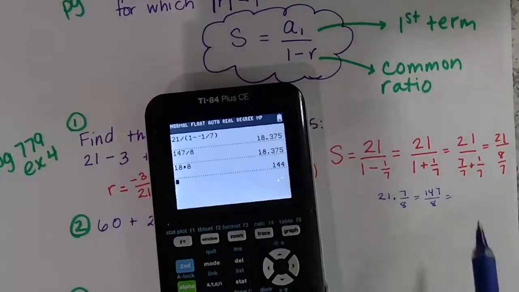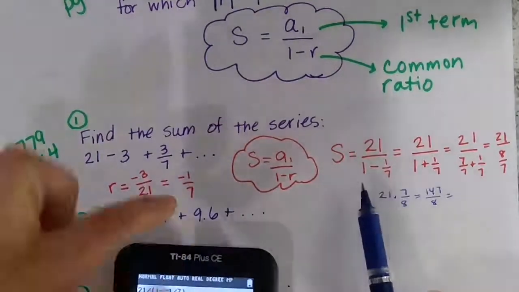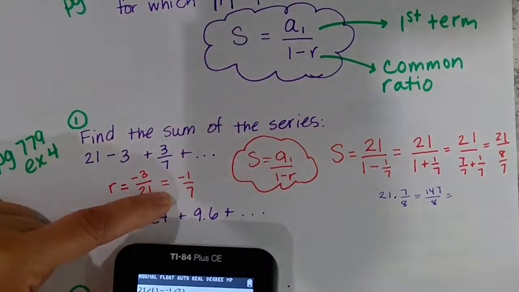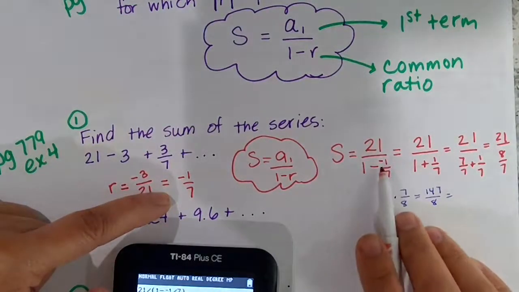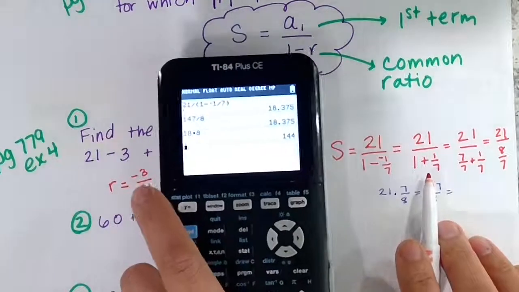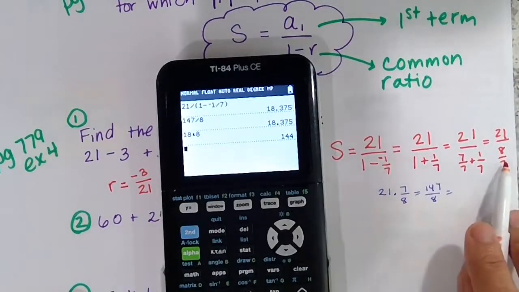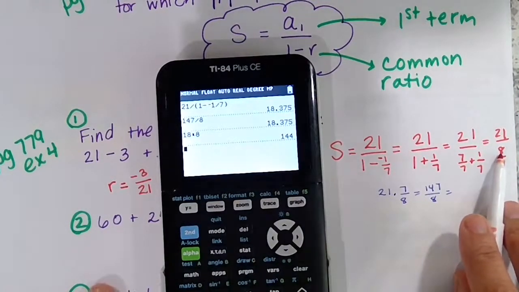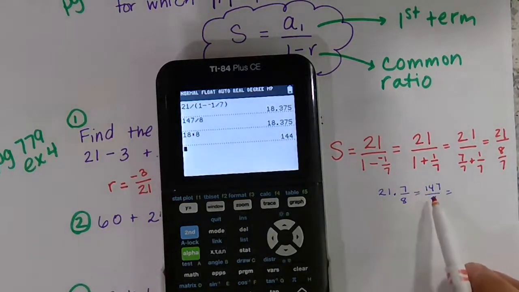So I got my calculator, did my math. Careful. This was 21, 1 minus. Remember that this was negative 1/7. So this is minus an already negative 1/7. So make sure you include that negative right there. So it turns out to 21 over 1 1/7. So that's going to be 21 over 8/7 multiplied by the reciprocal. 21 times 7 over 8 is 147 over 8.